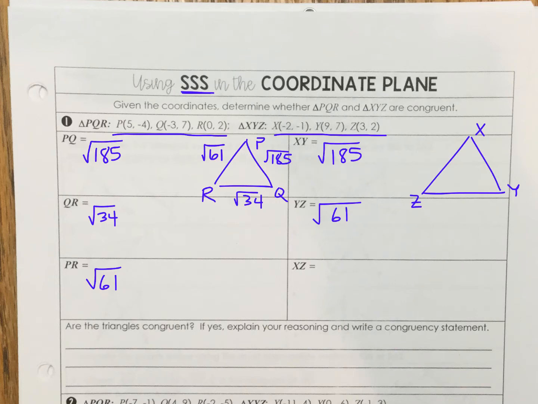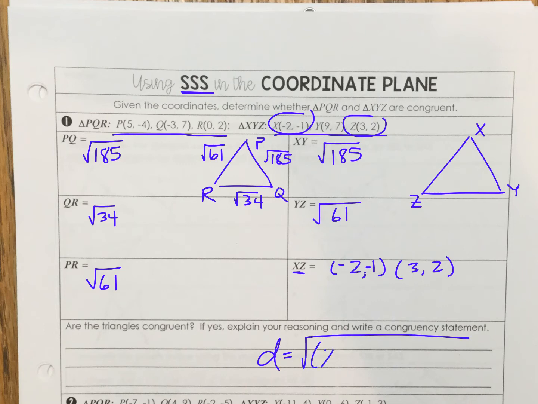I'm going to remind you of where I'm getting these answers from. So first I'm looking for XZ. I've got (-2, -1) as my first point, and (3, 2) as my second point. The formula I'm going to use is the distance equals the square root of (x2 minus x1) squared plus (y2 minus y1) squared.